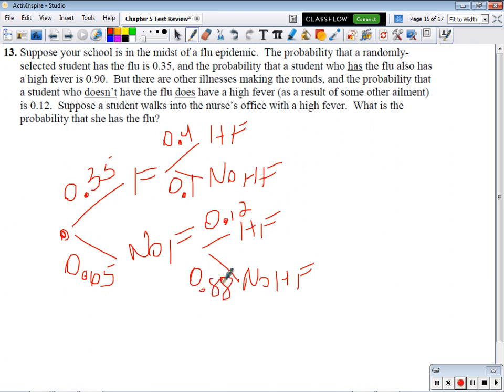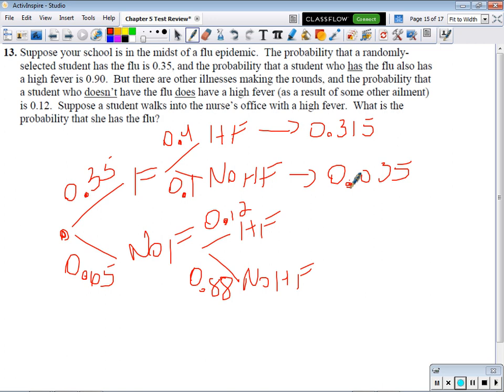So if I do my multiplying, the probability that someone has the flu and has a high fever is 0.35 times 0.9. This is 0.315. And then the probability that someone has the flu but doesn't have a high fever is 0.035, if I multiply 0.35 times 0.1.